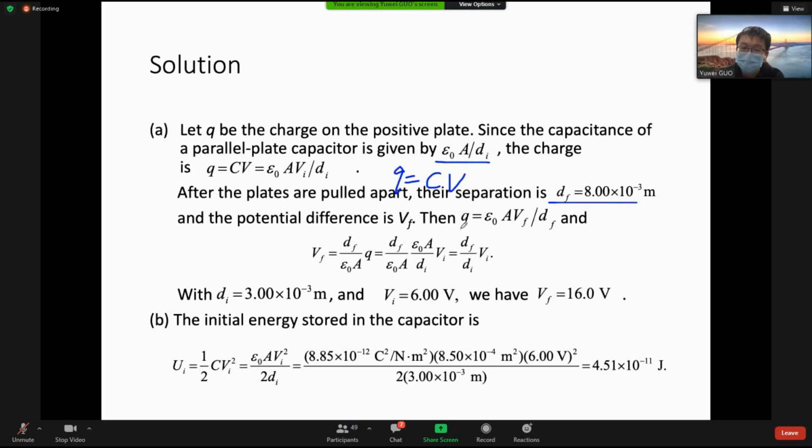So we can use this relation to get the V_F, the potential.